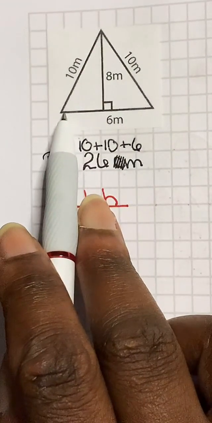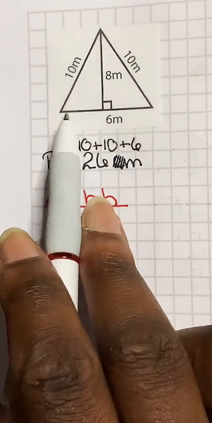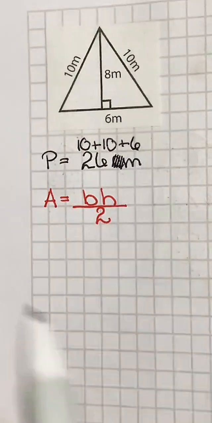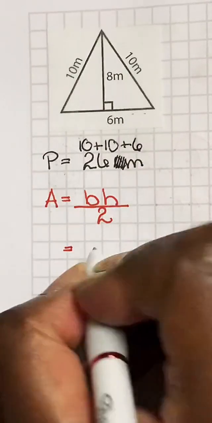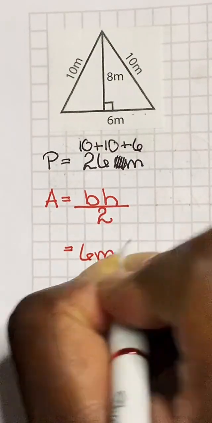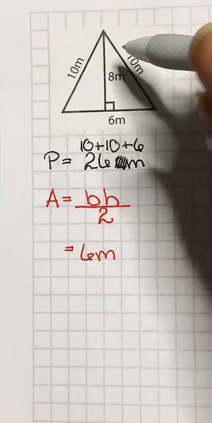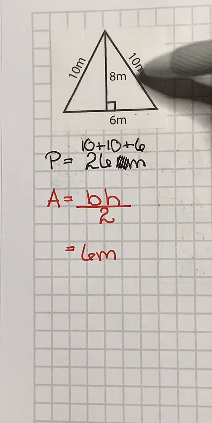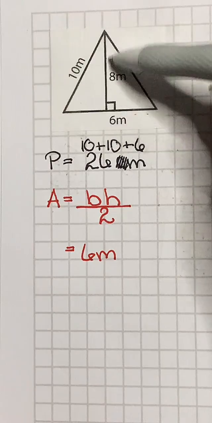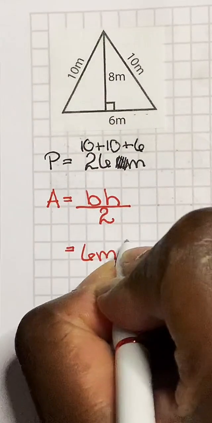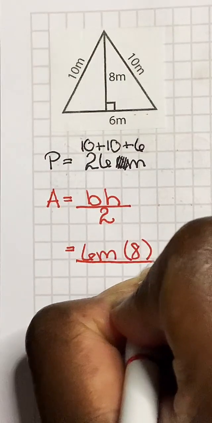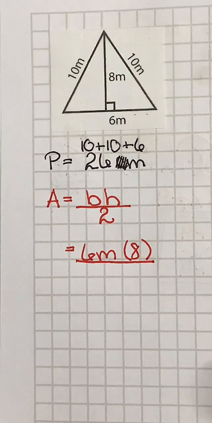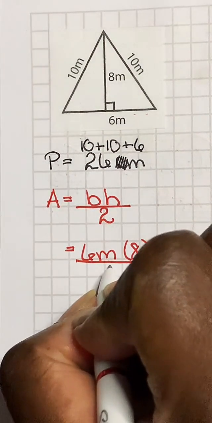So this 6 meters is supposed to be for the whole thing. So all we're doing is taking our base, which is 6 meters, taking our height. I'm not talking about the slant height. I'm talking about the actual height. So that's going to be 8 meters. And we're going to divide it by 2.